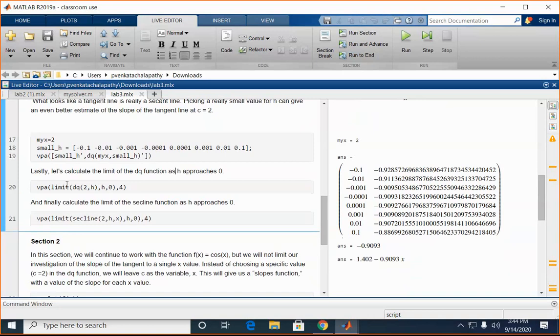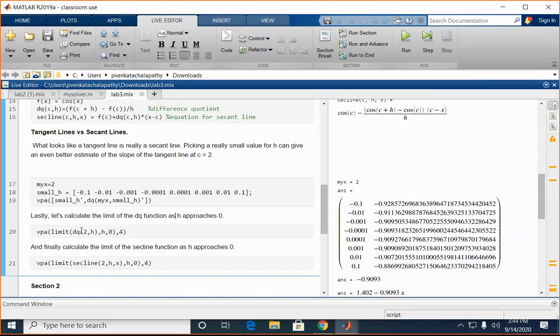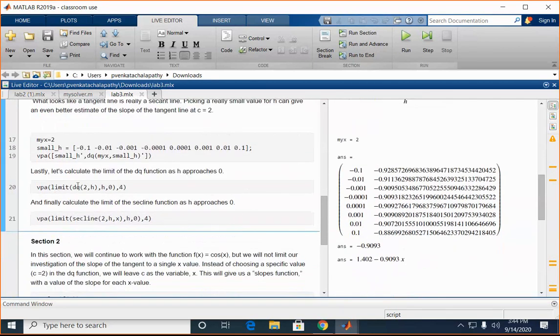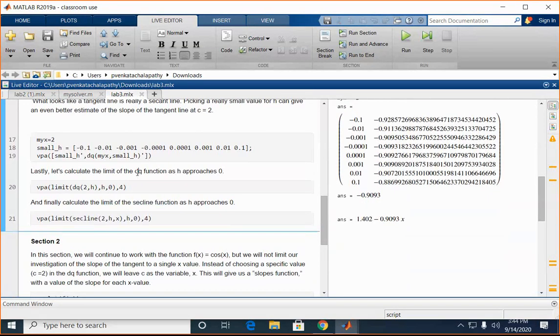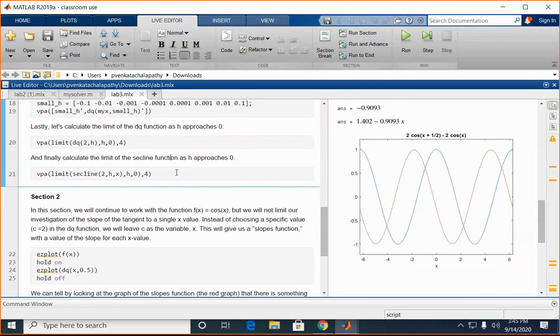That is why I use the limit function for this slope, to make h tend to 0. Got it? And now I'm going to calculate the limit of the secant line finally. Once you calculate the limit of the slope, you then calculate the limit of the secant line. After you do this, it's done. Got it?